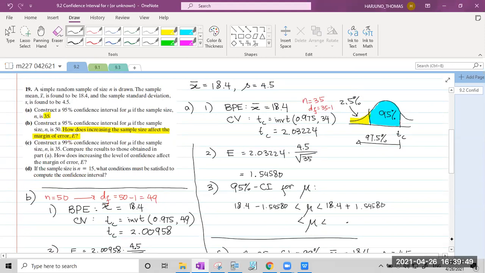So 18.4 minus 1.54580 will be 16.85420. If you take the best point estimate plus the margin of error instead, we will get 19.94580.